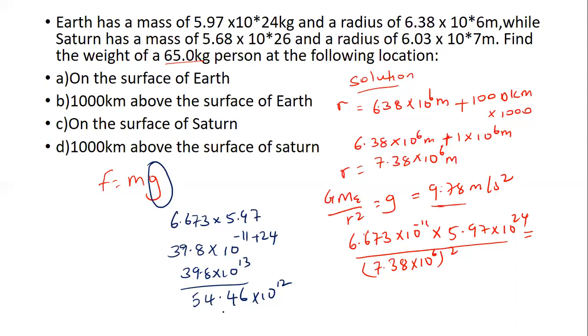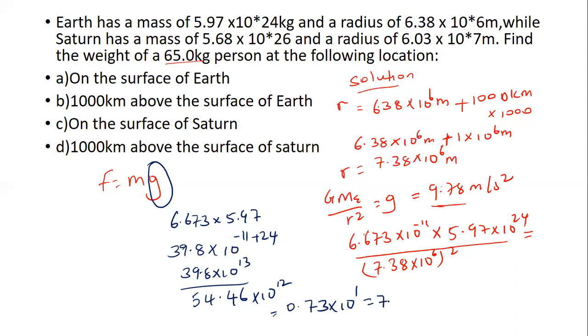It gives you 0.73 times 10 raised to, remember this is division, 13 minus 12, which is 1.